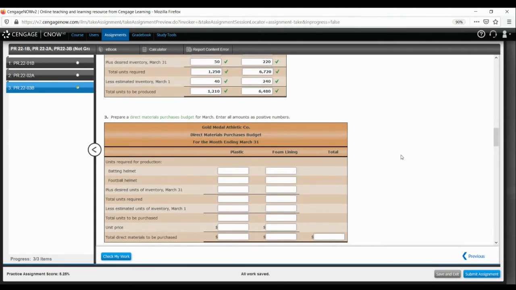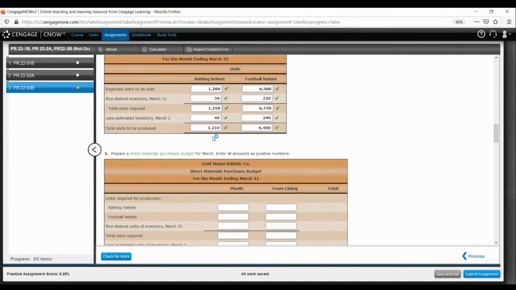Now you remember, in a manufacturing environment, there were 3 product costs that we've been discussing in class. Those product costs are your direct materials, your direct labor, and your factory overhead. So the third budget is going to be the direct materials amount that you need to purchase so that you'll have enough materials on hand to be able to produce the units that you are estimating that you need, which comes from the production budget.